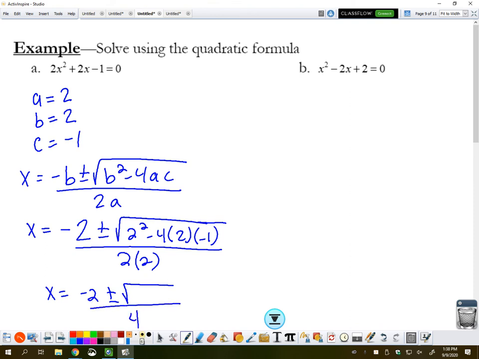To get the thing under the radical, you're going to do this math in your head, in your calculator, whichever. So this is 4. This is positive 8, so 4 plus 8 is 12. Then we're going to simplify, so 12 is 4 times 3. So taking the square root of those, you get 2 root 3.